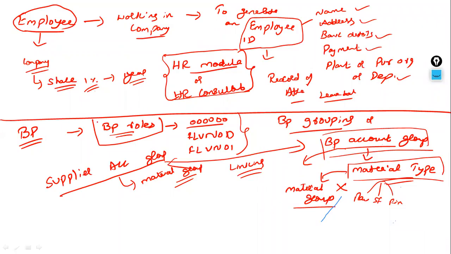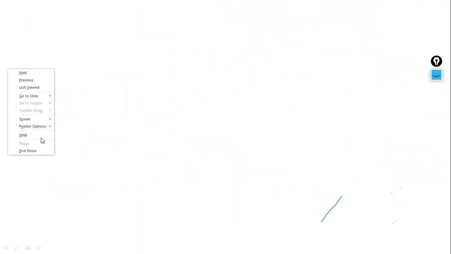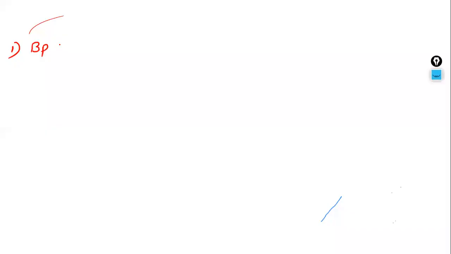Okay. Now let me make a list here. What are the SAP terminologies we saw now? The first thing we saw is BP roles. The second thing we saw is BP grouping, or we can call it a BP account group.